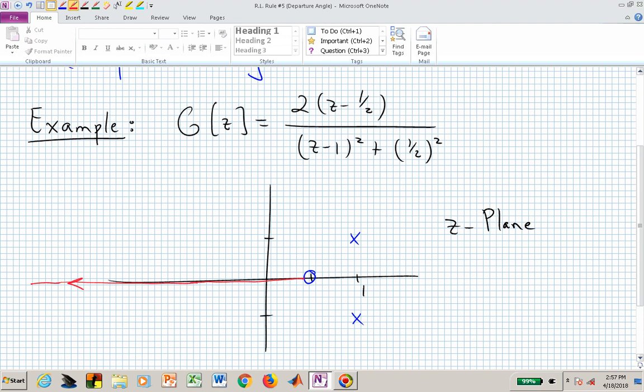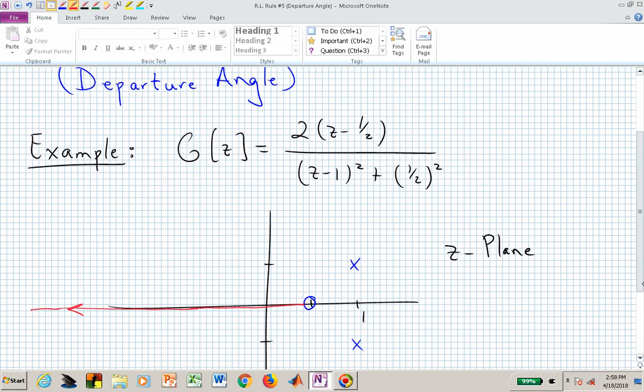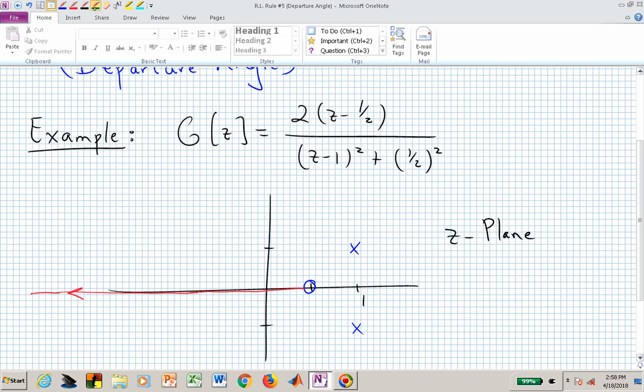But for rule number 5, which is the departure angle, we are now wondering, do they depart straight up, which would mean that we would have a departure angle of 90 degrees, or do they do something else?